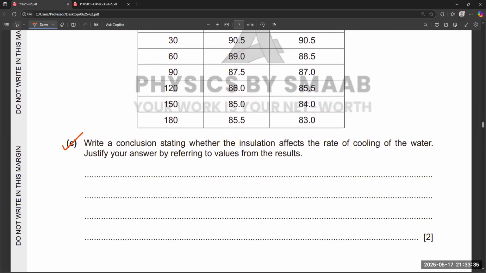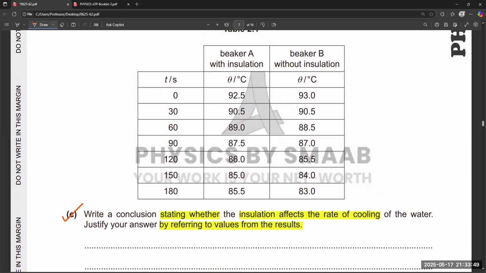Now, write a conclusion stating whether the insulation affects the rate of cooling of water and justify your answer by referring to the values from the results. We already have readings in the table. First of all, we have beaker A with insulation and beaker B without insulation.